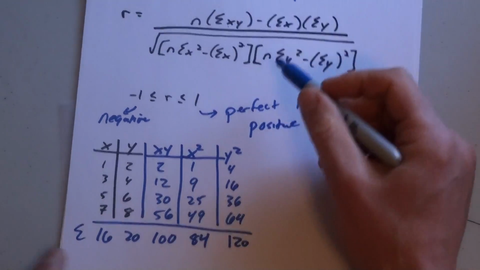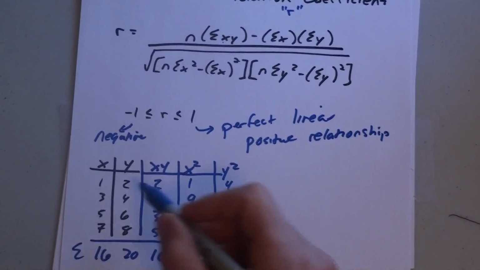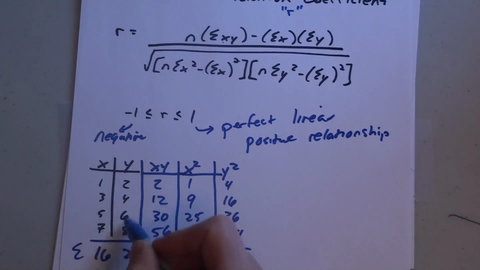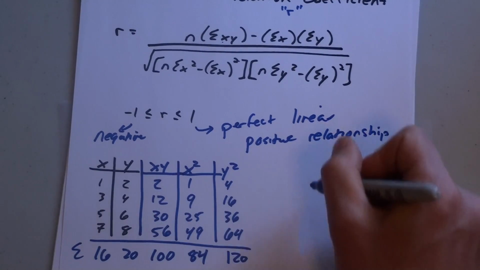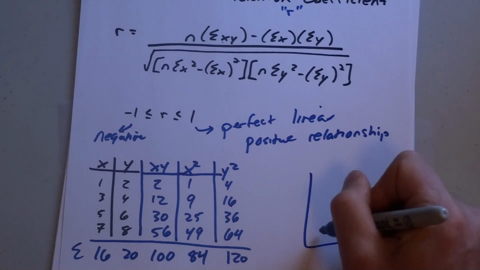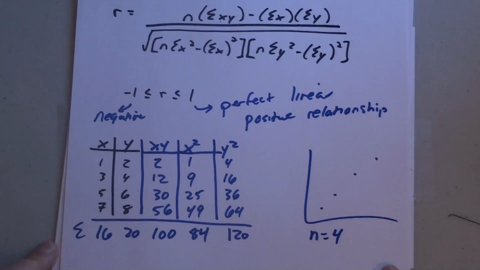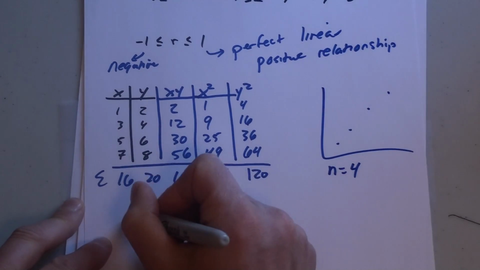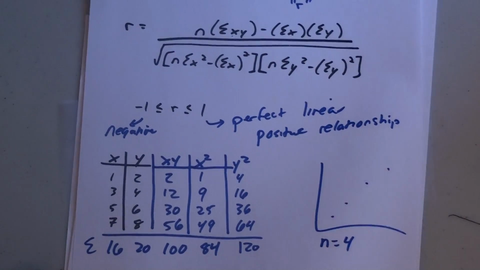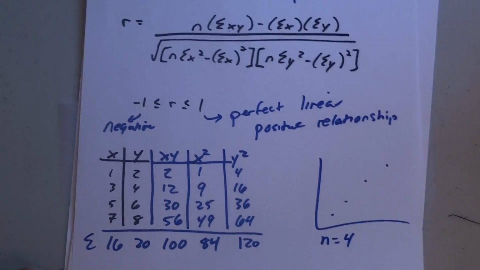I should also note that in the formula that asks for an n, I have 4 sets of points, x and y, 4 sets of coordinates that will be creating my scatter plot for different points. So my n is going to equal 4. So I'll put these into the formula. So I have R equals, and I might as well rewrite my formula on another piece of paper.